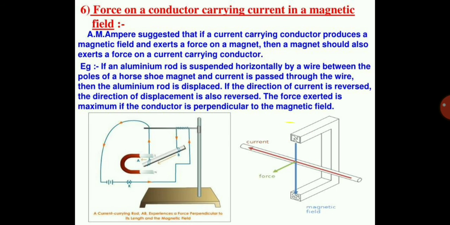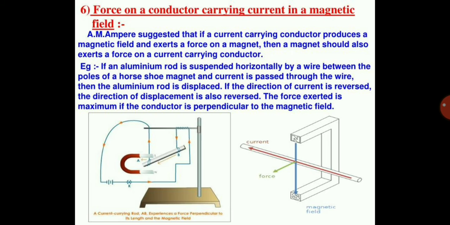The aluminium rod is suspended horizontally by a wire between the poles of the horseshoe magnet, and current is passed through the wire. Then the aluminium rod is displaced, means it moves either to the north pole or to the south pole. If the direction of current is reversed, the direction of displacement is also reversed.